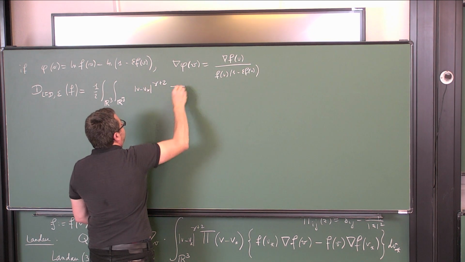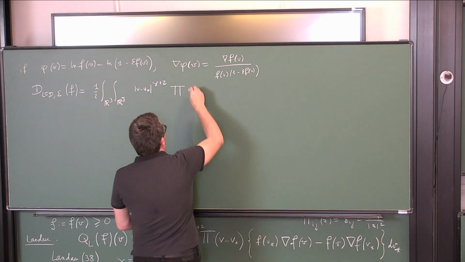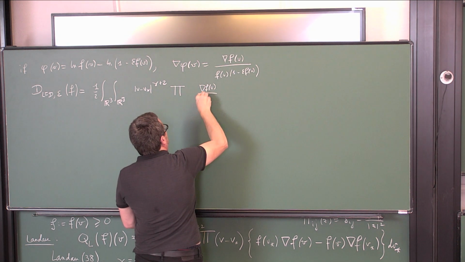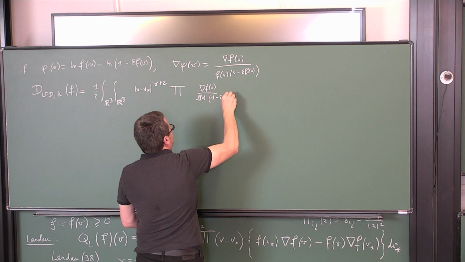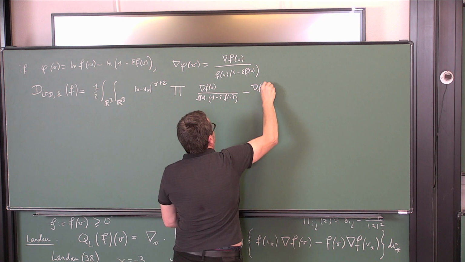And here, let's say that pi acts as a quadratic form on the same vector, which is this quantity minus this quantity.